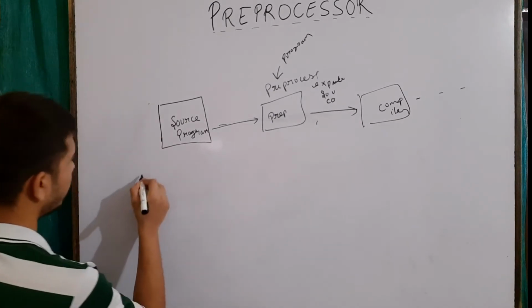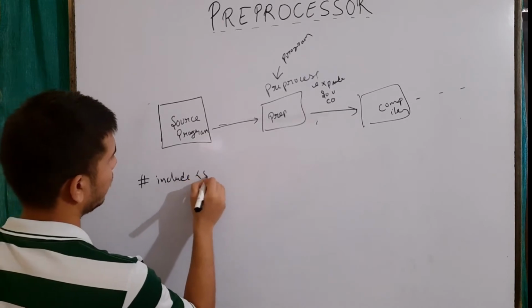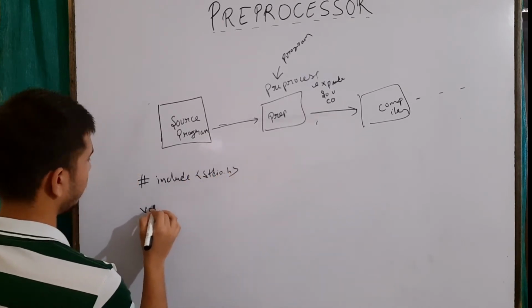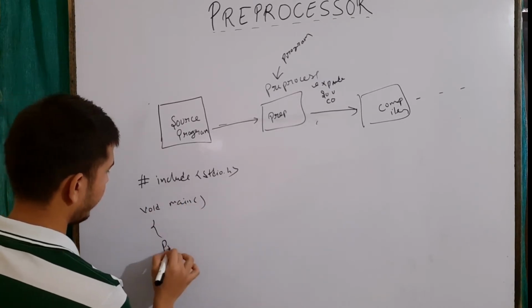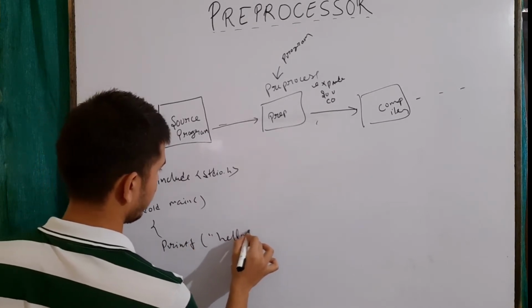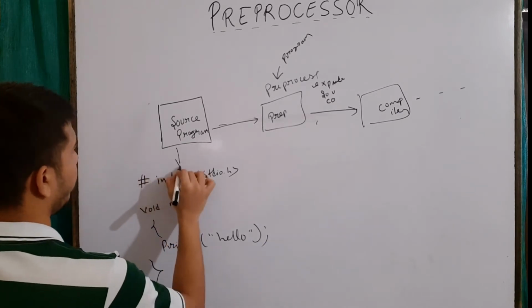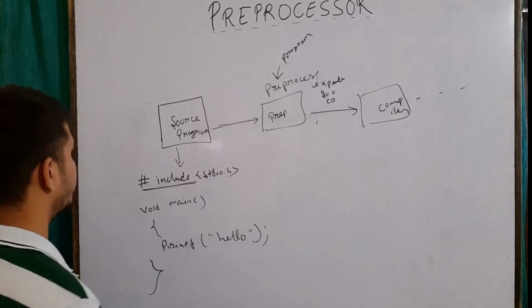Let's say we had made a program something like this: #include <stdio.h>, void main, and printf hello, and that's it. This is our source program, right? Now this is our preprocessor instruction.